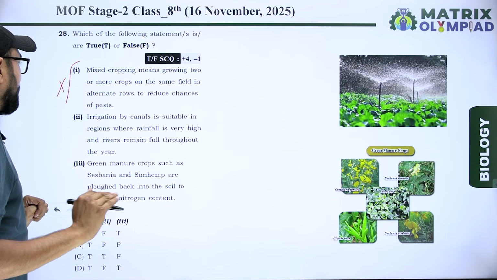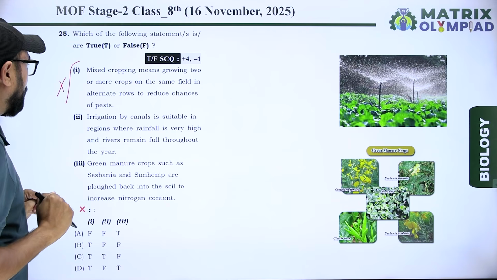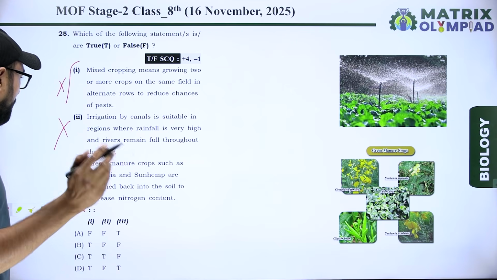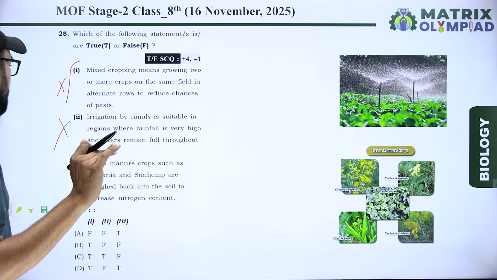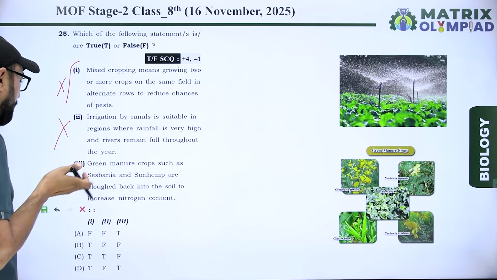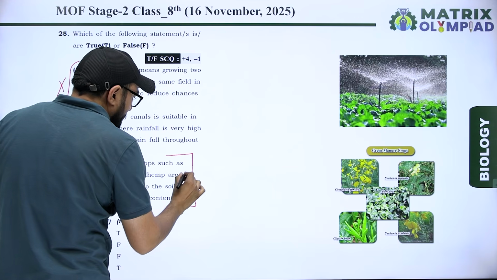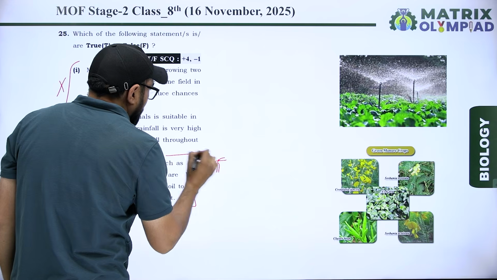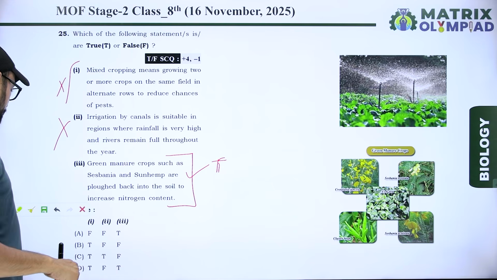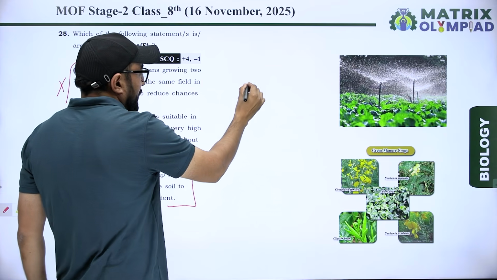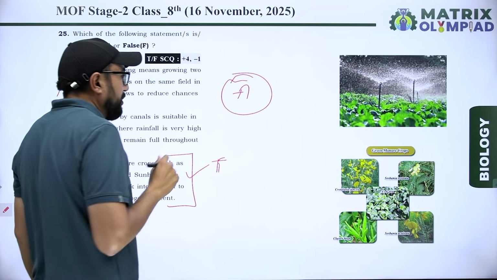Irrigation by canal is suitable in regions where rainfall is very high. No, that is wrong. Green manure crops such as sesbania and sunhemp are plowed back into the soil and increase soil nitrogen content. That is right. False, false, true is in option A. Option A is right for this question.